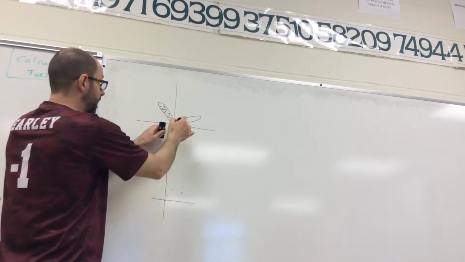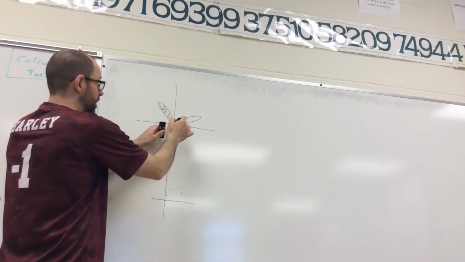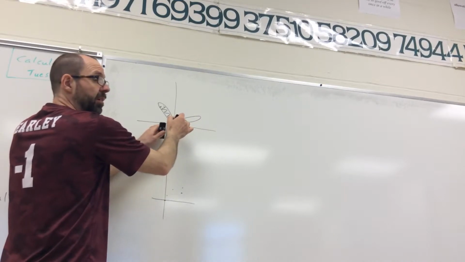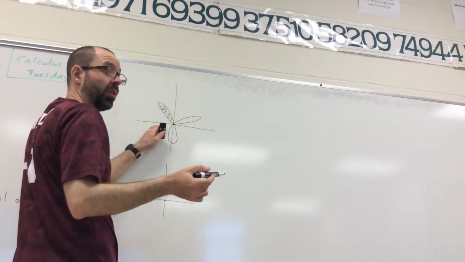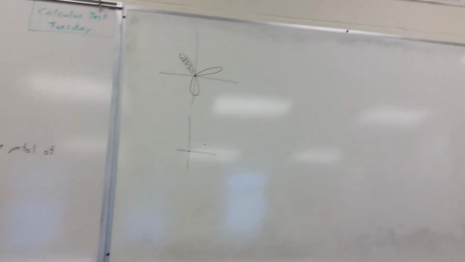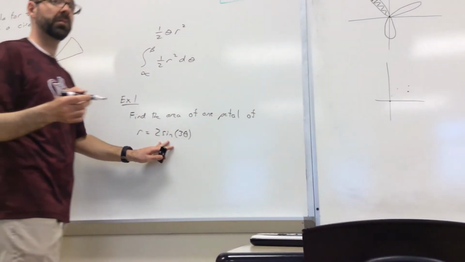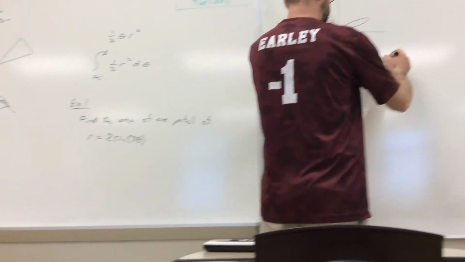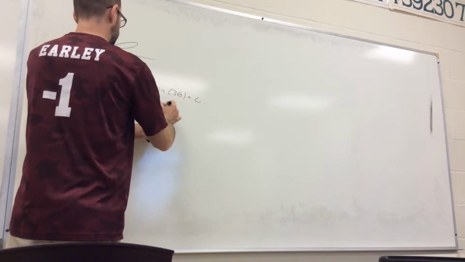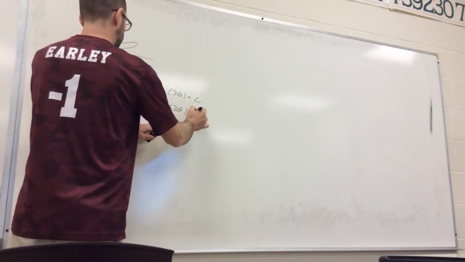So if I want to know the thetas that are associated with this point and then that point, I need to figure out when the r is 0. So I'm going to set my r equation equal to 0. So I've got 2 times the sine of 3 theta equals 0. Divide both sides by 2. Sine of 3 theta equals 0.